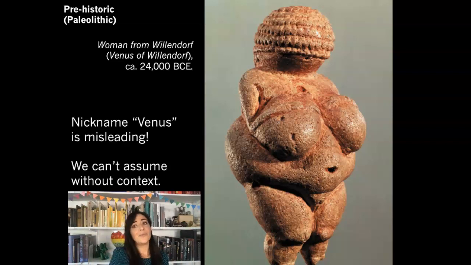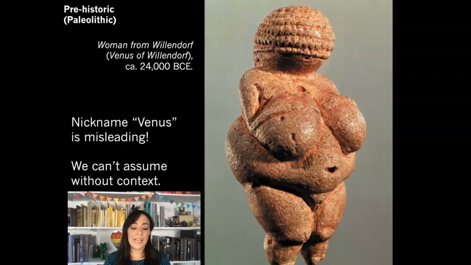She's made way before the Romans are even there. To even assume that she's a goddess is incorrect. To assume that she is some kind of fertility goddess is making assumptions about her. So we don't want to say that. Venus is a very common nickname, but one that we need to understand can be very misleading because we don't have the proper context.